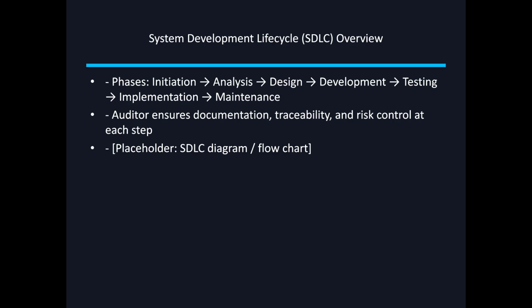This will include developer coding, flow diagrams, project boards, etc. Now let's say the system has been acquired, it enters development, and that's where the system development life cycle, or SDLC, comes into play. So what is SDLC? SDLC is a structured process that ensures quality and security at every stage of development.